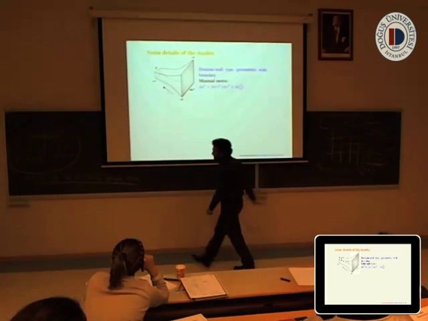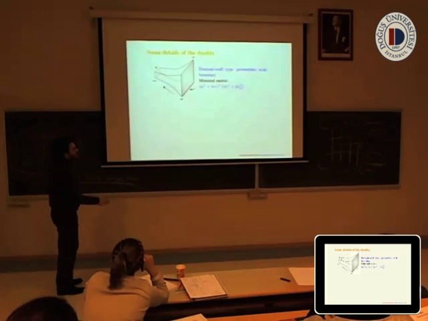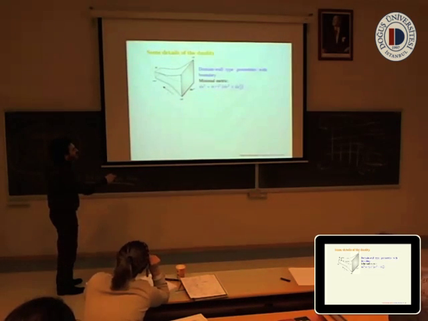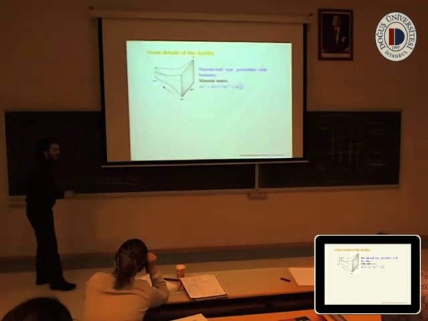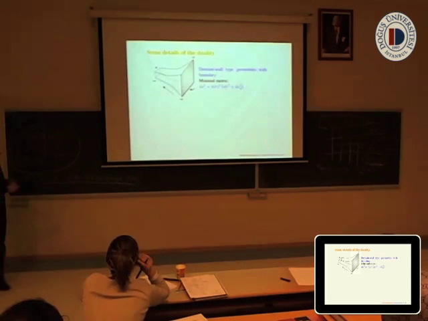But this is just a constant. In curved space, what you have to do is generalize this to a curved metric, which is a function of the space-time variables. And in this case, it is only a function of the radial variable. So if it is only a function of the radial variable, if it is written like this, then it's called a domain wall metric. And in holography, usually we have these domain wall metrics with some boundary.